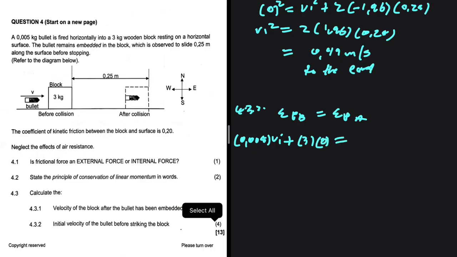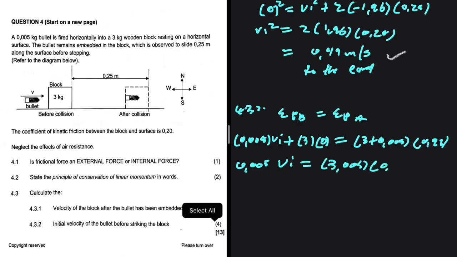As the bullet gets embedded in the block, we have a mass of 3 plus 0.005 and a velocity of 0.99, which we just calculated in 4.3.1. So 0.005 VI is equal to 3.005 multiplied by 0.99.